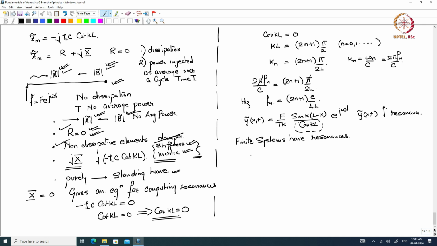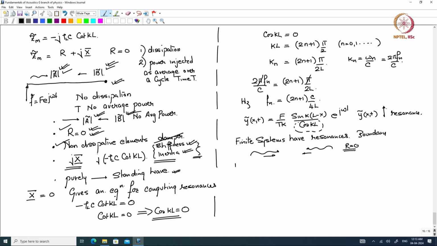Because there is going to be an incident wave, and because of the finiteness there is a boundary, and there is going to be a reflection from the boundary. Okay. For now let us understand it in this way, that the incident and reflected, they have equal amplitudes, okay, and there is no dissipation in the system.